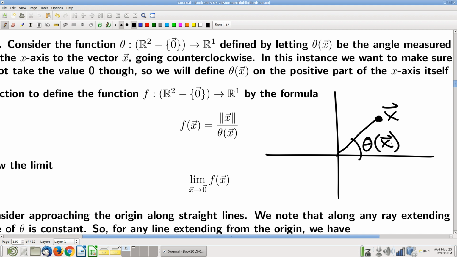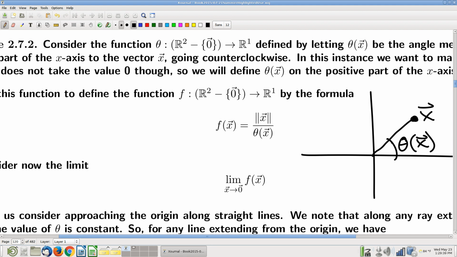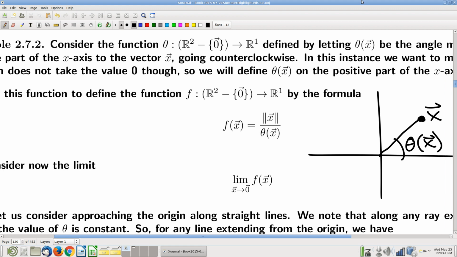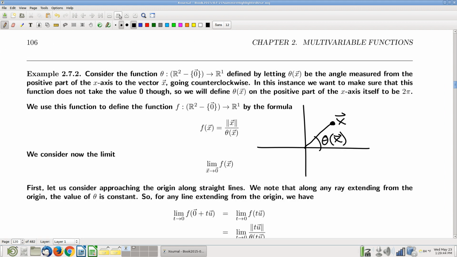And very importantly, on the x-axis itself, I'm going to define theta to equal 2 pi, not 0. It's a minor little tweak. Very often we would choose theta to equal 0 on the x-axis. Let's not. Let's define the theta function to be 2 pi on the x-axis.